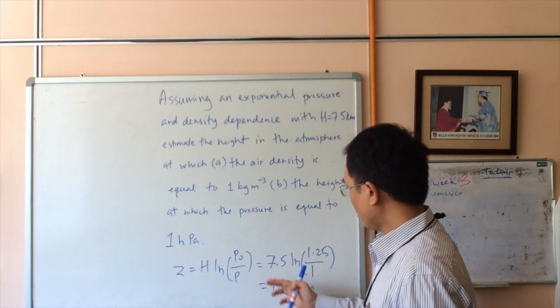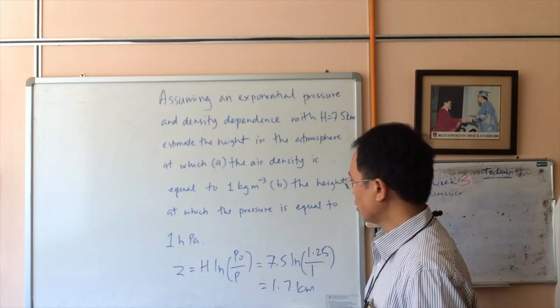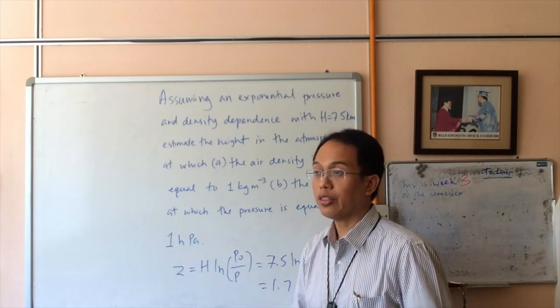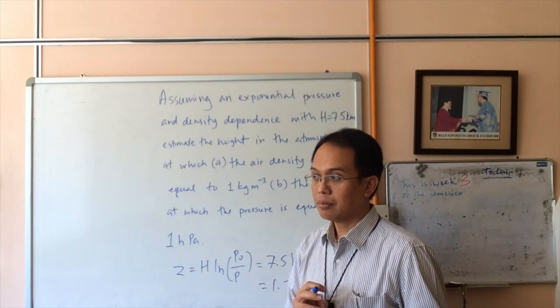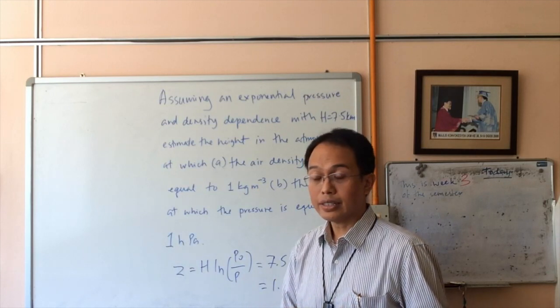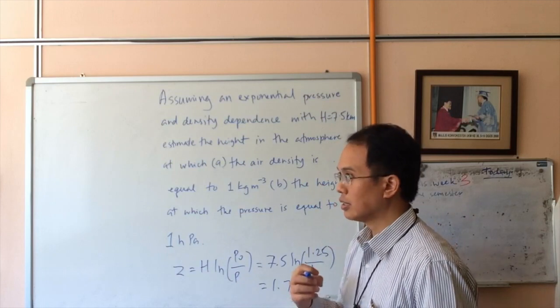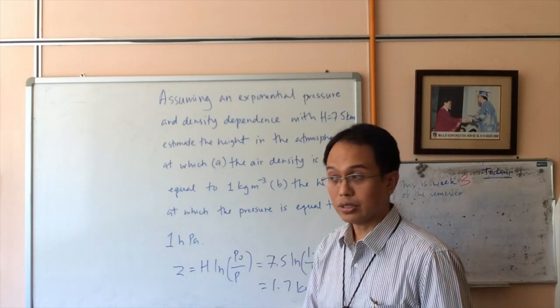Now you might ask, why am I using the density here instead of pressure? You must recall that pressure and density are directly proportional. The only difference is the gravity constant.